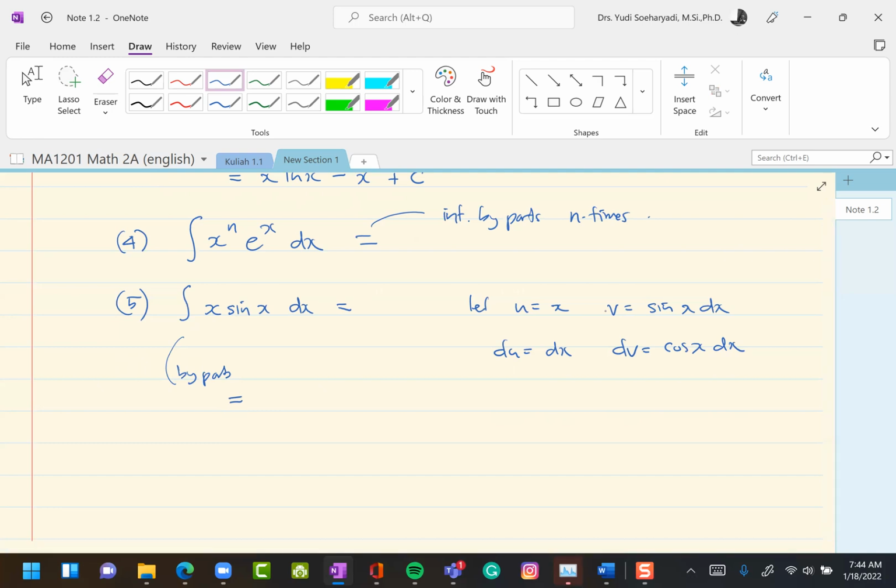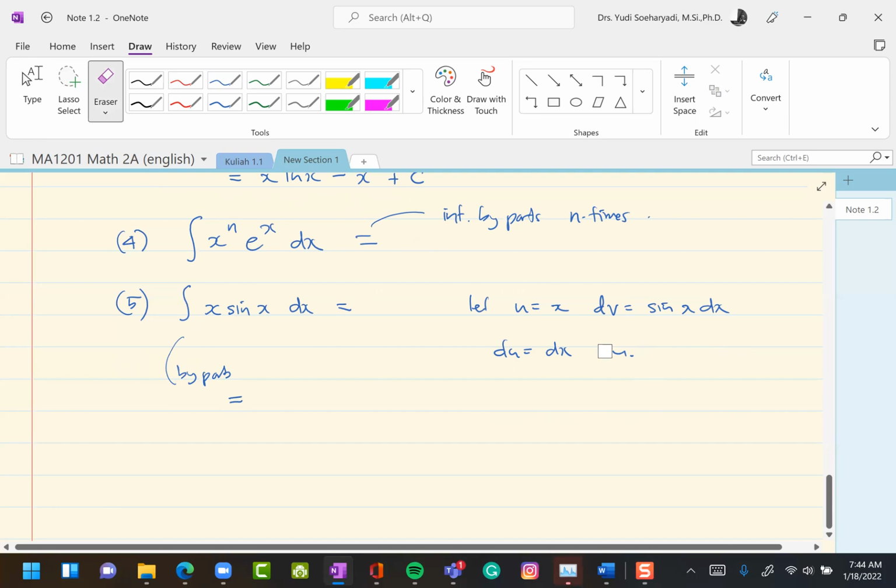Sorry, my mistake here. Yeah, this is dv. So v here is just the integral of sine, which is negative cosine x, without the dx.